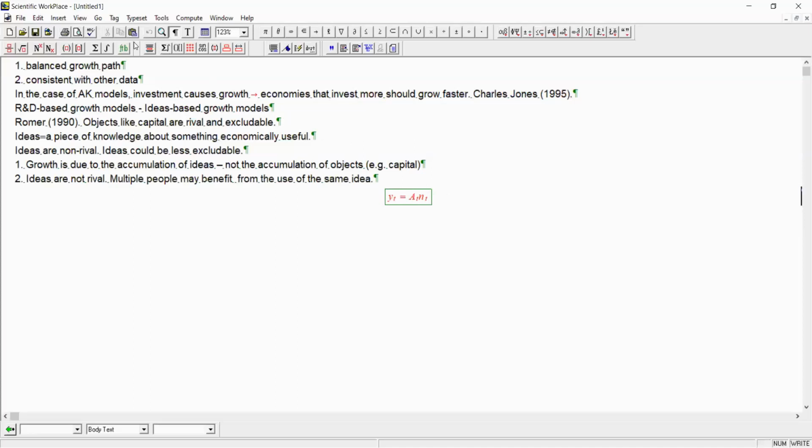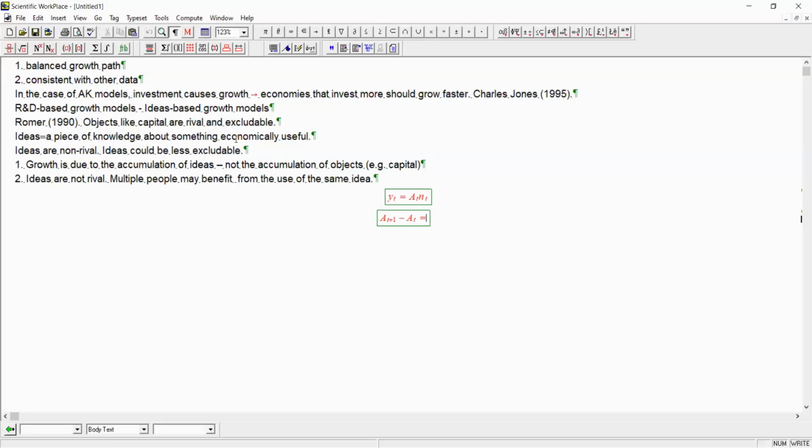In addition, we have the possibility that resources can be used to produce ideas. So if A is the number of ideas, then new ideas is A_{t+1} minus A_t. We could have a depreciation rate, but let's not worry about that right now.